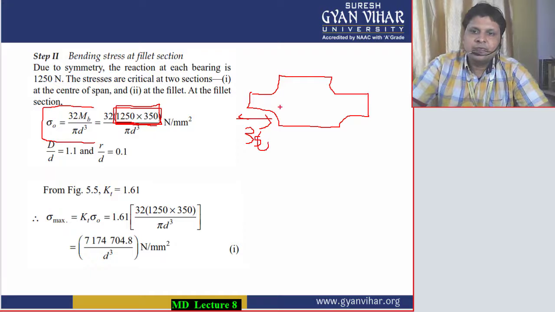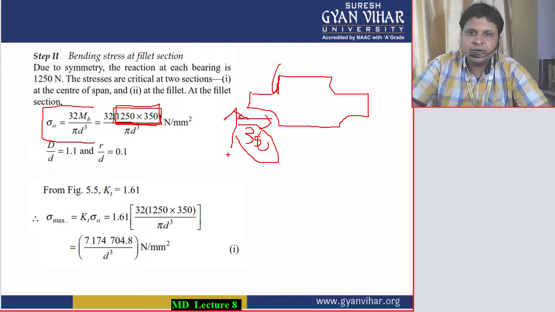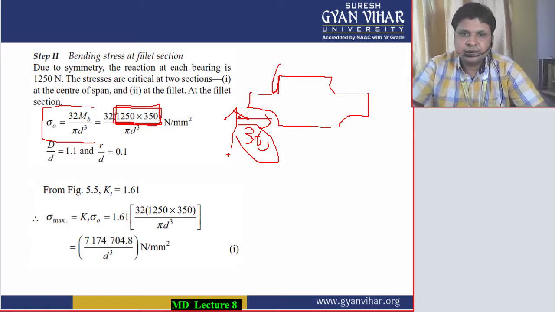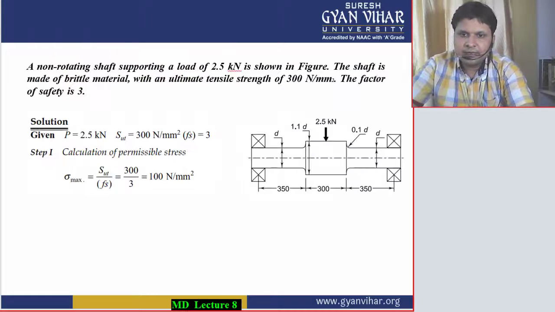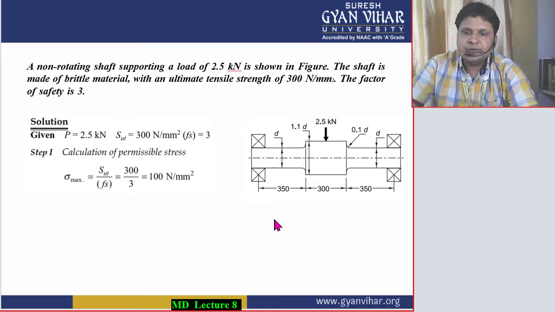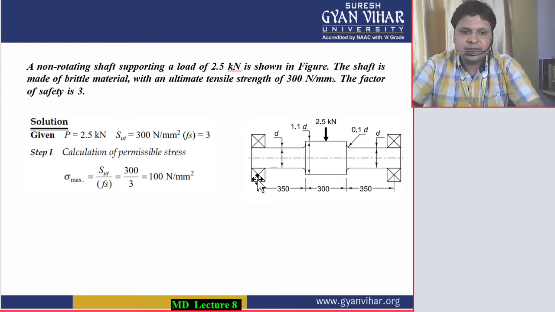So here, what is the moment that will be acting? That is important to know. So 350 into what is the load? What is the reaction at this point? The reaction was 5000 divided by 2. In the previous step you would have seen that 2.5 is the load which is acting, so divided by 2 you will get the reaction at this point.